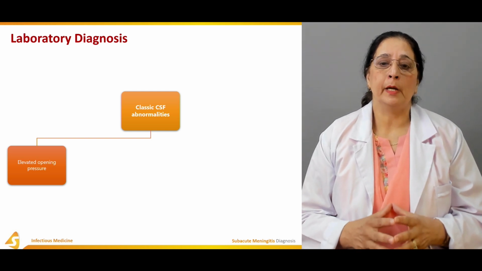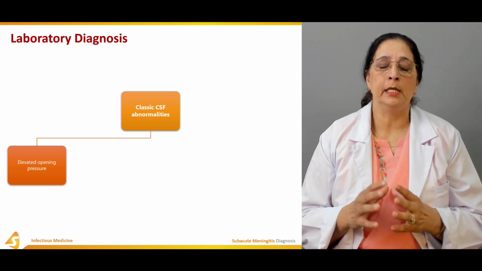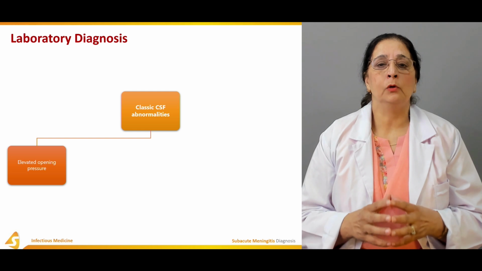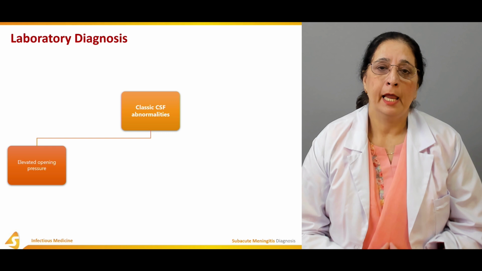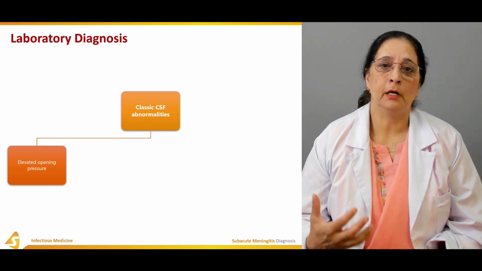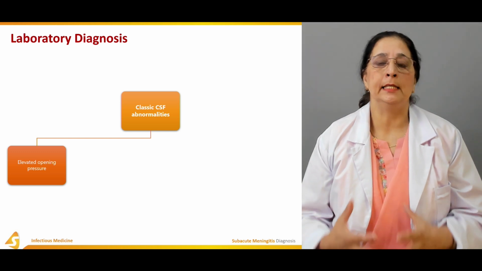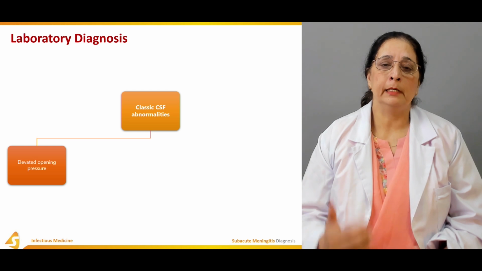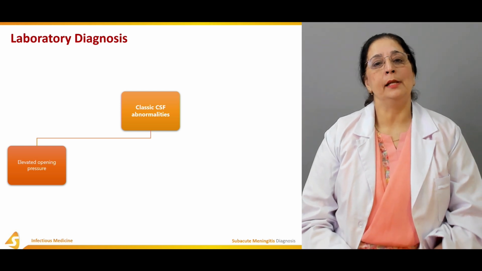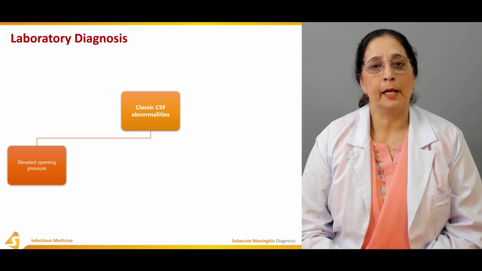And this cerebrospinal fluid is the fluid that flows around the brain and spinal cord, and it gives a protective cushion. When different infections are present in the central nervous system, it can cause an increase in the intracranial pressure. And lumbar puncture is the procedure that is performed to remove this cerebrospinal fluid.